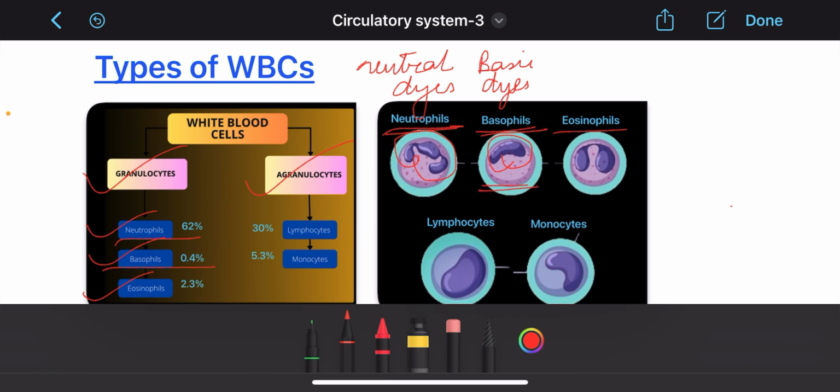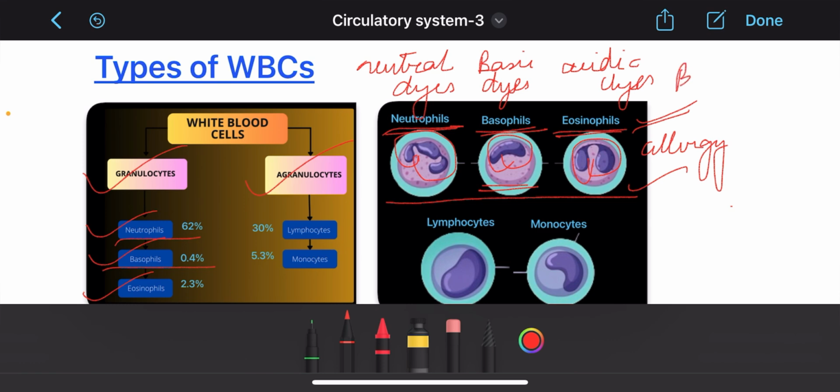Then eosinophils are there, which take up acidic dyes, with a 2 lobed nucleus. They engulf bacteria and they secrete antitoxins, and they are associated with allergy. They are produced in bone marrow. All the 3, neutrophils, basophils and eosinophils, are produced in bone marrow.